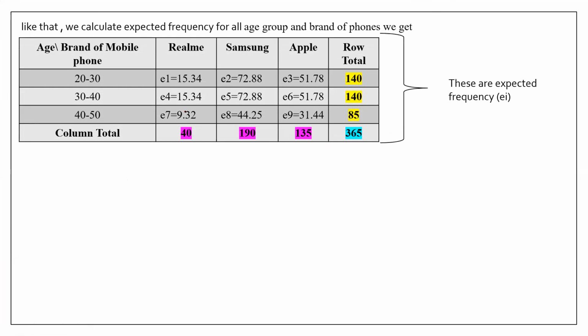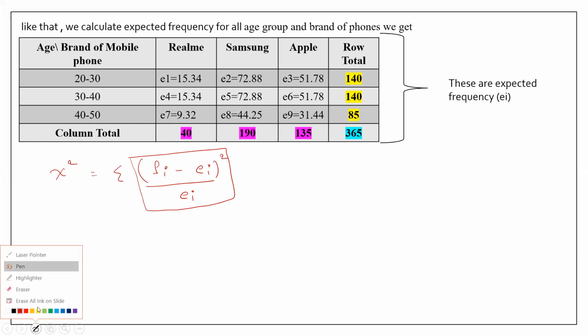Now, once you have calculated all your expected frequencies, you can use your chi-square formula, which is the summation of (observed frequency minus expected frequency) whole square divided by Ei. What I have done in this case is calculate this value in tabular form, and then I will add the values at the end.